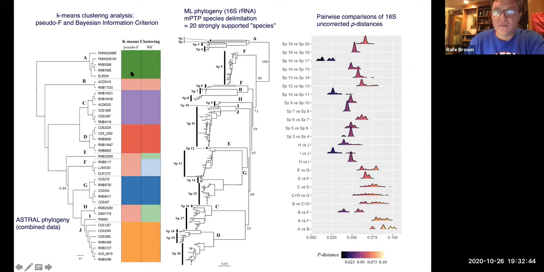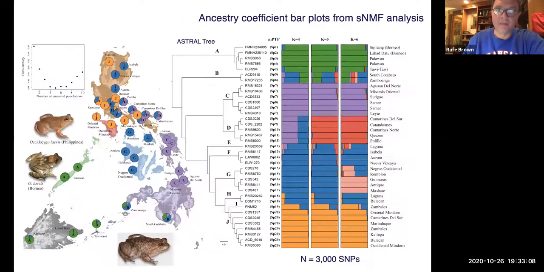And these validation step analyses suggest, using pseudo-F and the Bayesian information criterion, somewhere of about 8 or 10 species, with a little bit of disagreement as to whether some of those samples might be distinctive or not. And I'll show you this sample right here that shows that one difference. That's the really tuberculate frog that I just showed you the picture of, that really sort of started this whole study.